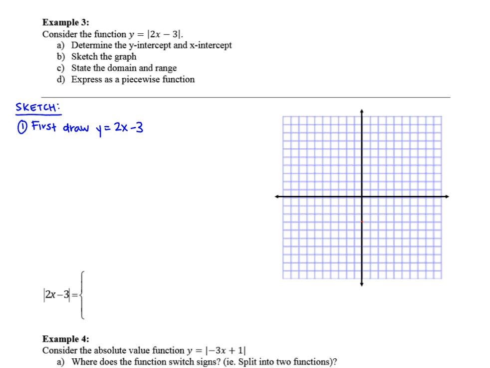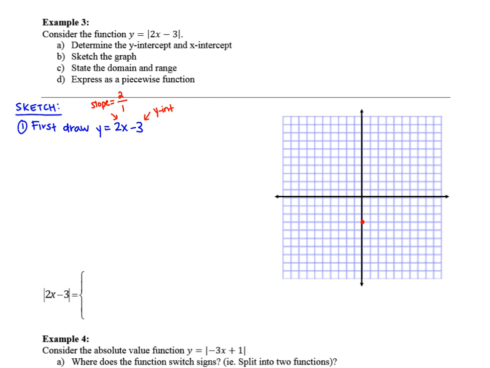Negative 3. Okay, here's my y-intercept. What's the 2? It's your slope. And if we want it as a fraction, it's 2 over 1. 2 is the same thing as 2 over 1.